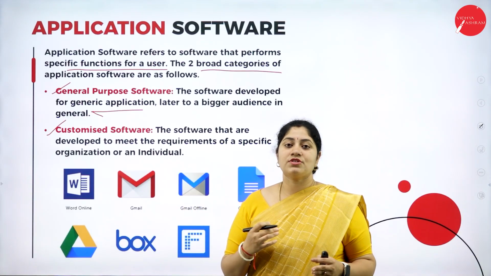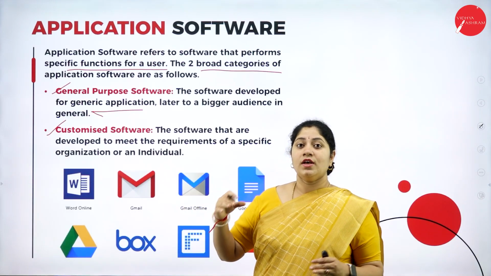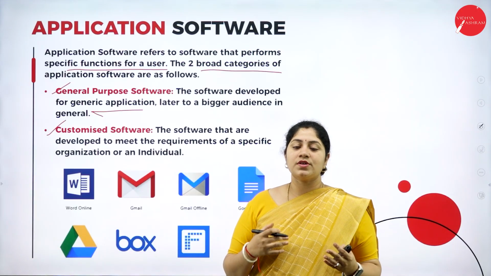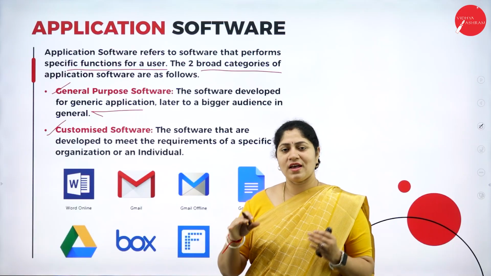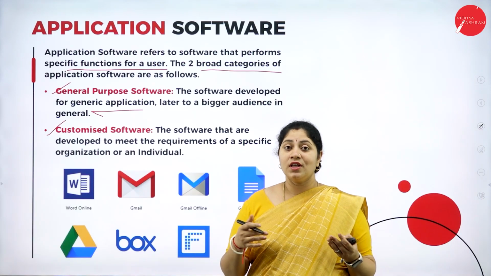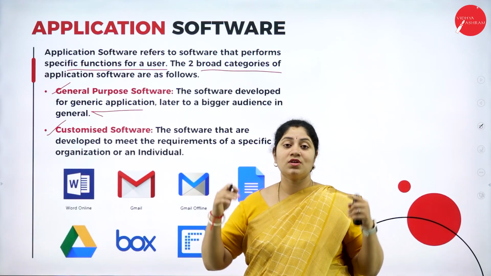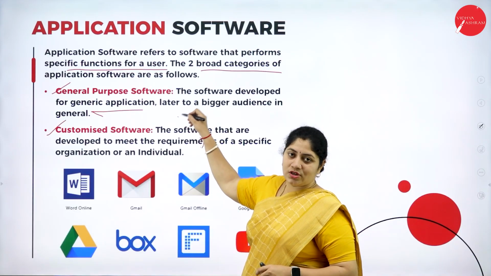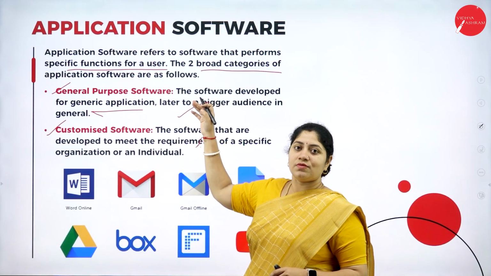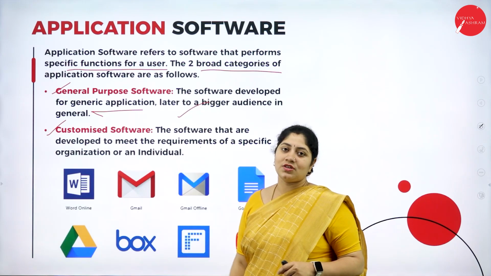Once this generic application goes well, they will be having a plan. First, they'll release it as general purpose software. Later, they'll extend it to a larger audience. So that is with respect to general purpose software, which is one of the application software.